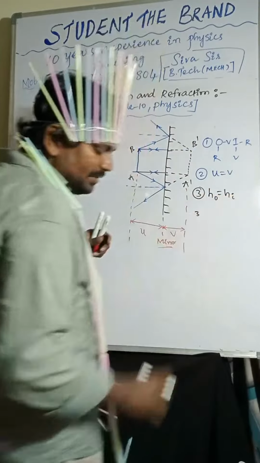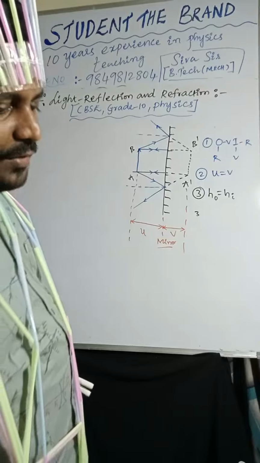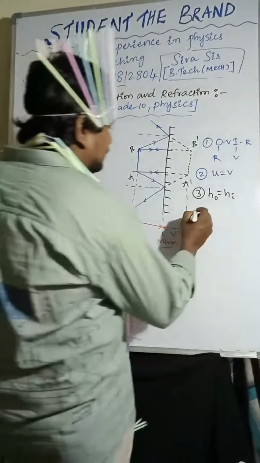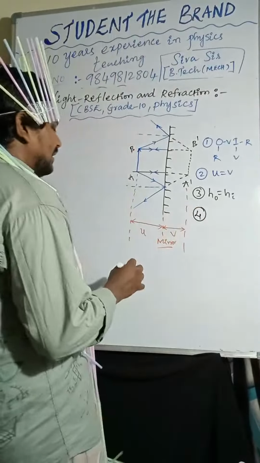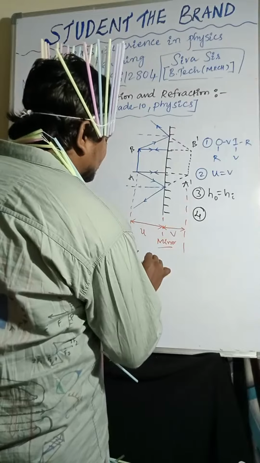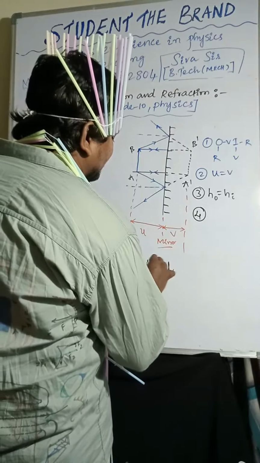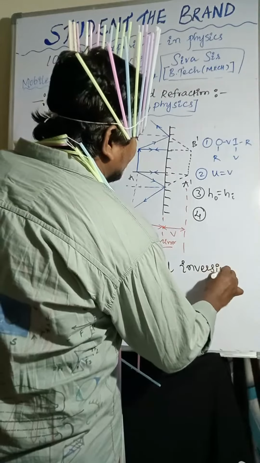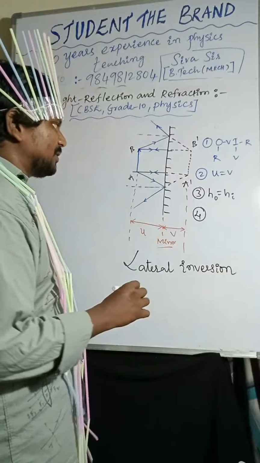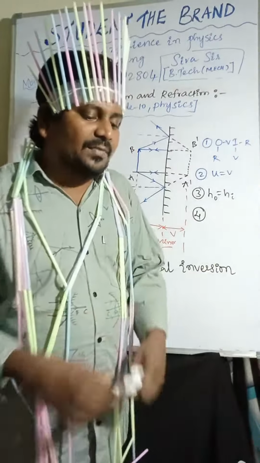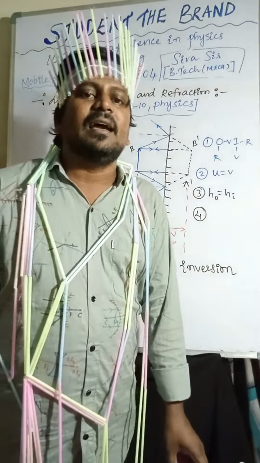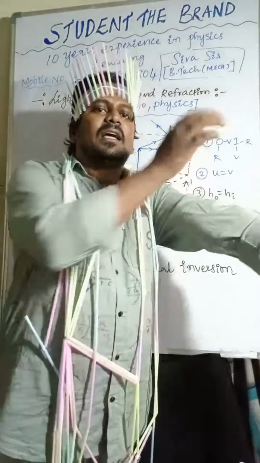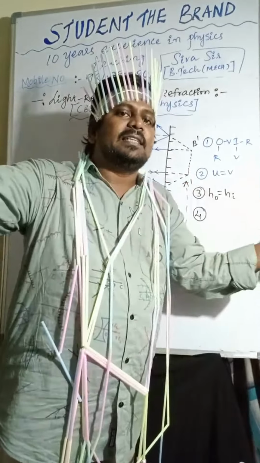The fourth one also shows lateral inversion. The phenomenon of conversion of the right side of the object appearing as the left side of the image, and the left side of the object appearing as the right side of the image.